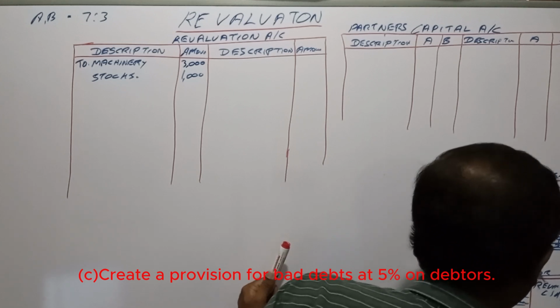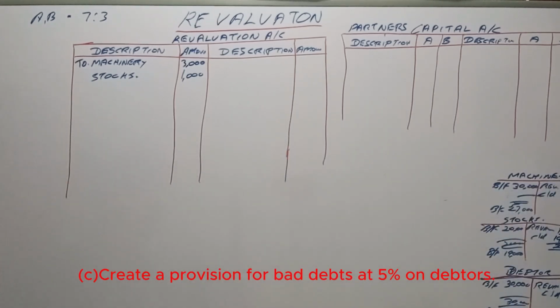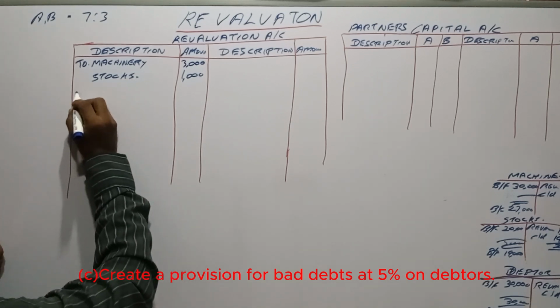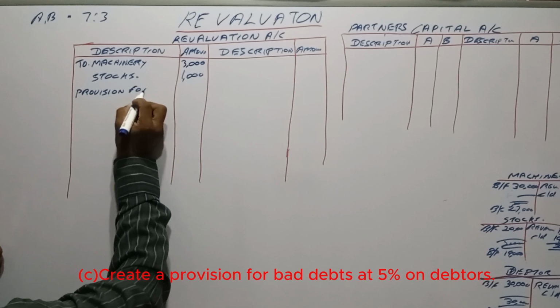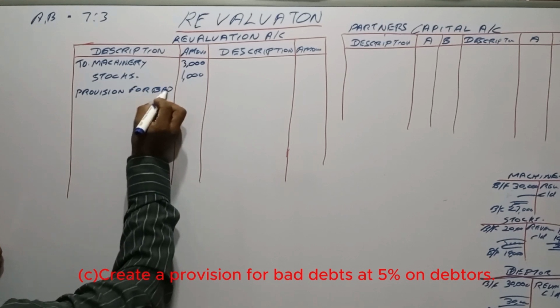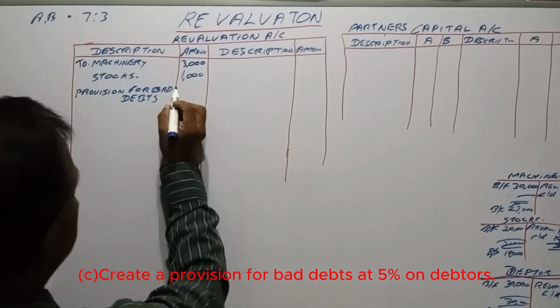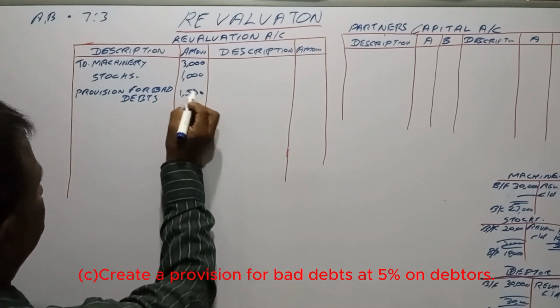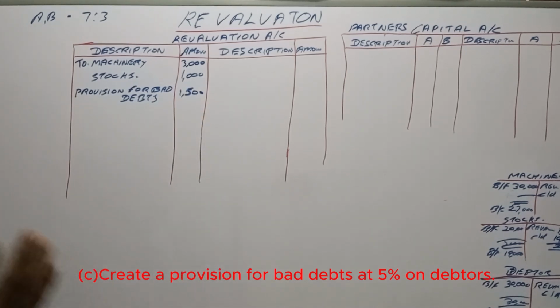Here we will say provision for bad debts, 1,500. Okay, so we have done that.